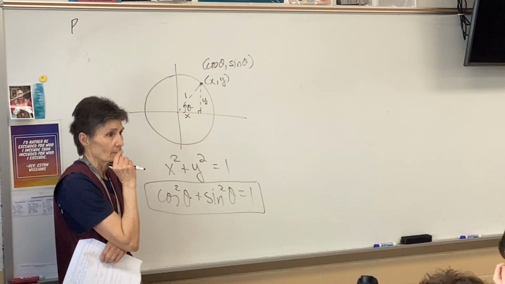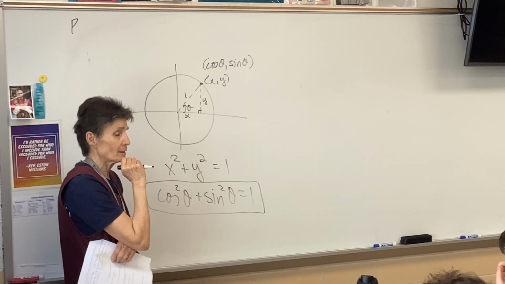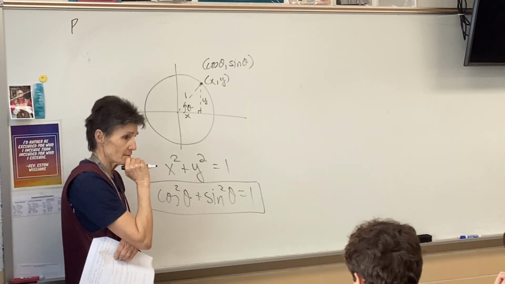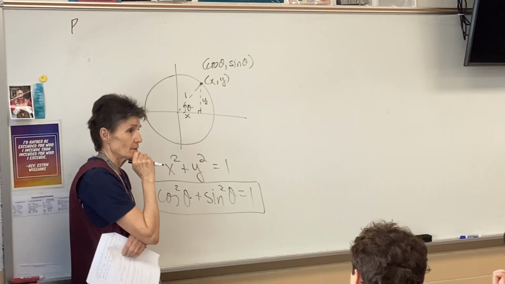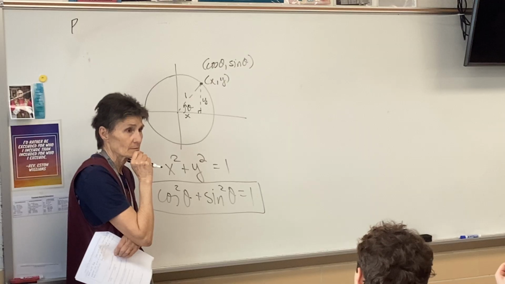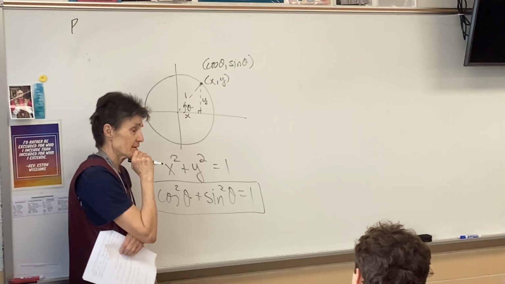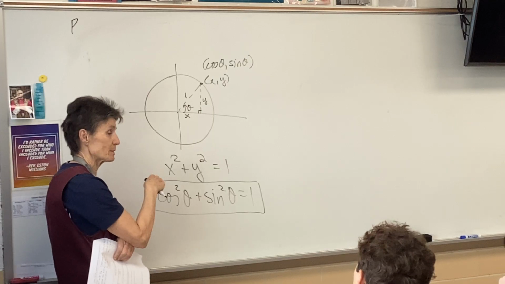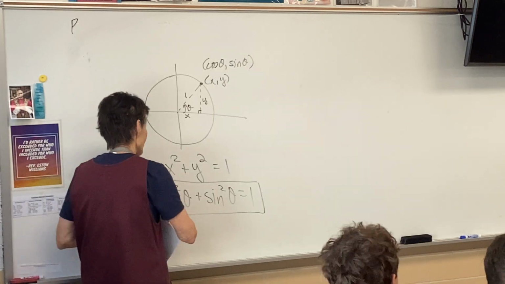Always. This is called the fundamental trigonometric identity, and it is absolute fact. I did a class, I'll tell you a little story about that, it's kind of cool, but that is 100% true.